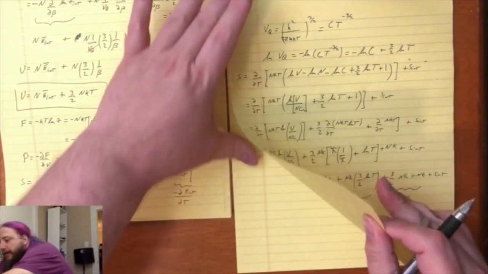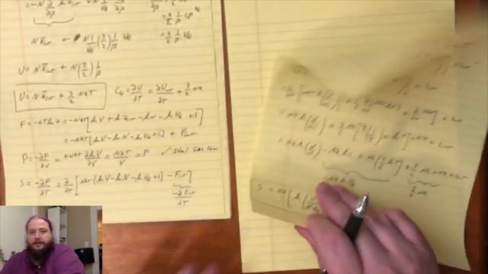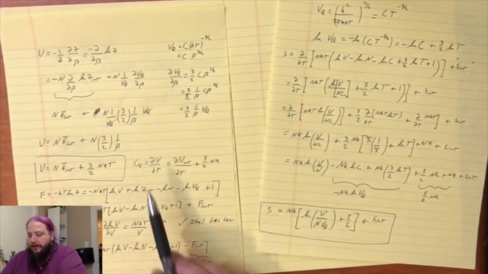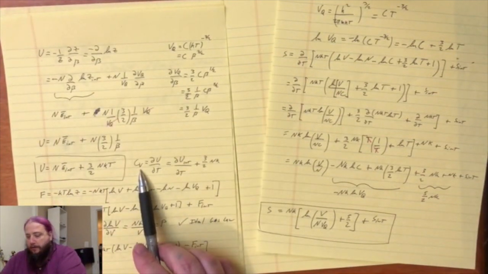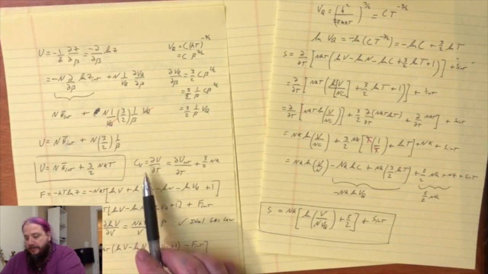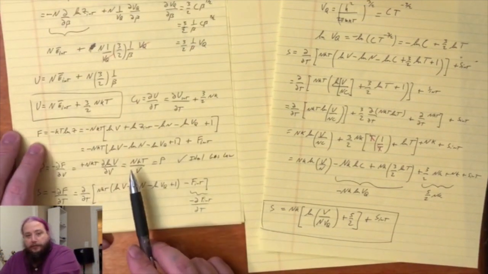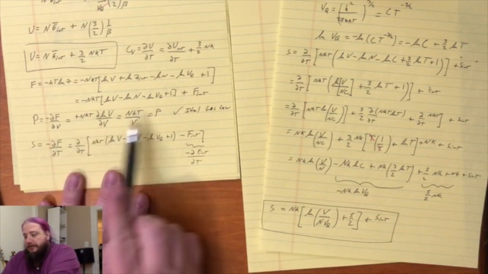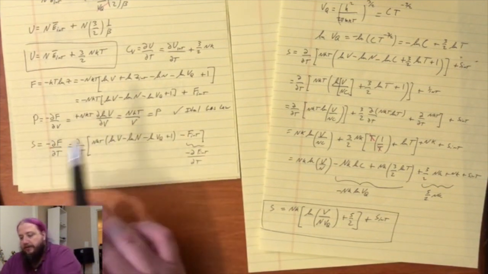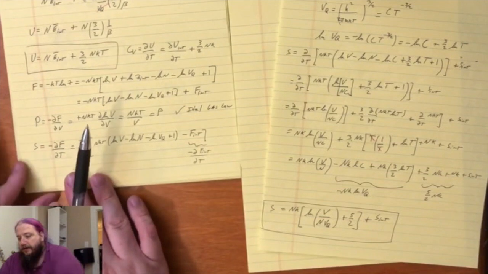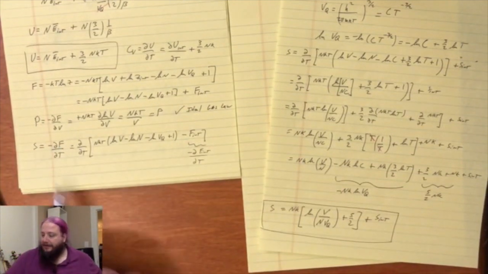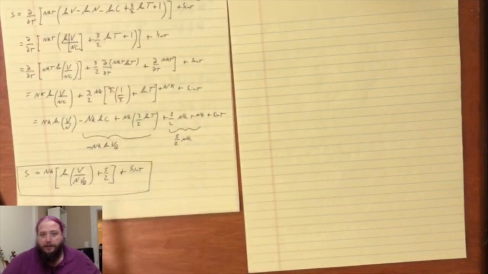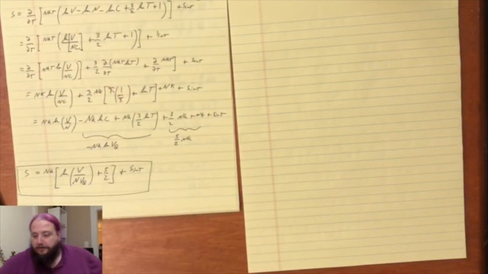All right, and then finally, so we calculated energy, we calculated specific heat. We calculated the Helmholtz free energy. We used the Helmholtz free energy to calculate pressure and recover the ideal gas law. We used the Helmholtz free energy to calculate entropy, and got something that looks a bit reminiscent of the Sackur-Tetrode equation.